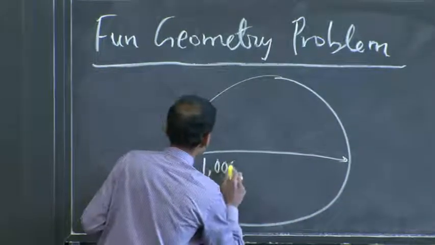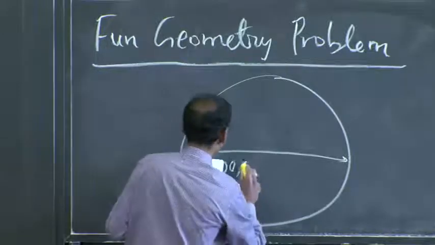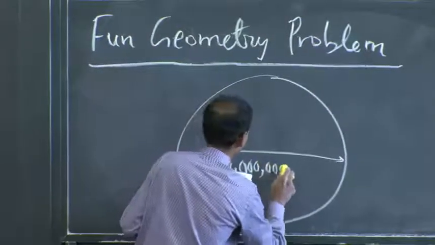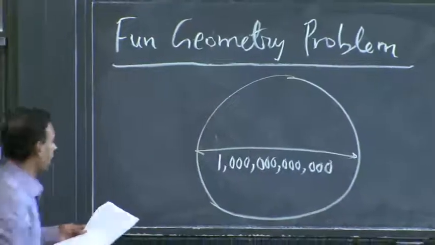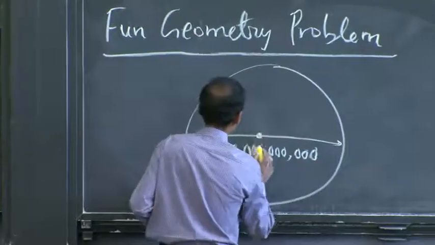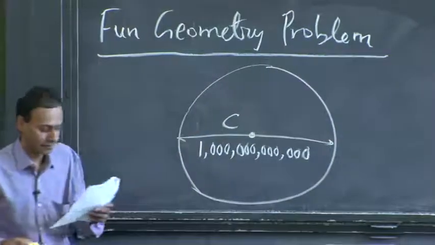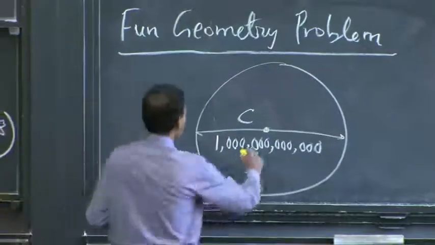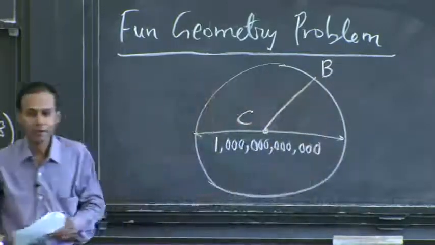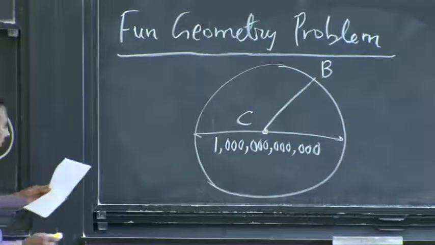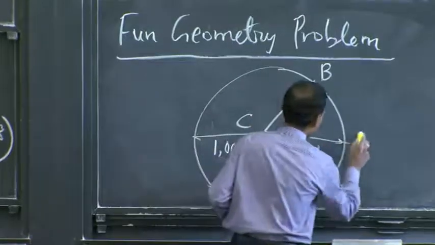It's 1 trillion units long. All right, I'm into big numbers today. The center of the circle is C, C for center. That is what's called a radius, in case you'd forgotten, and that's B, and this is also a radius.